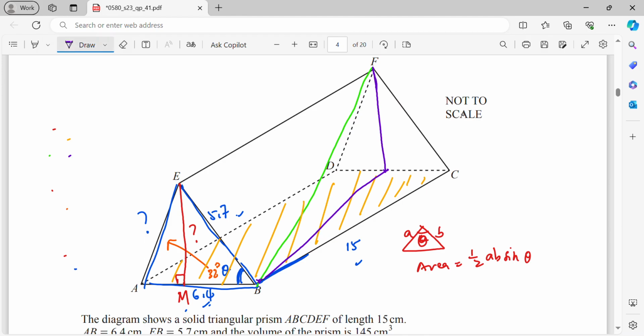Now my angle is basically at BF. Let me call this N. So the angle between the green line and the purple line is this angle, FBN.